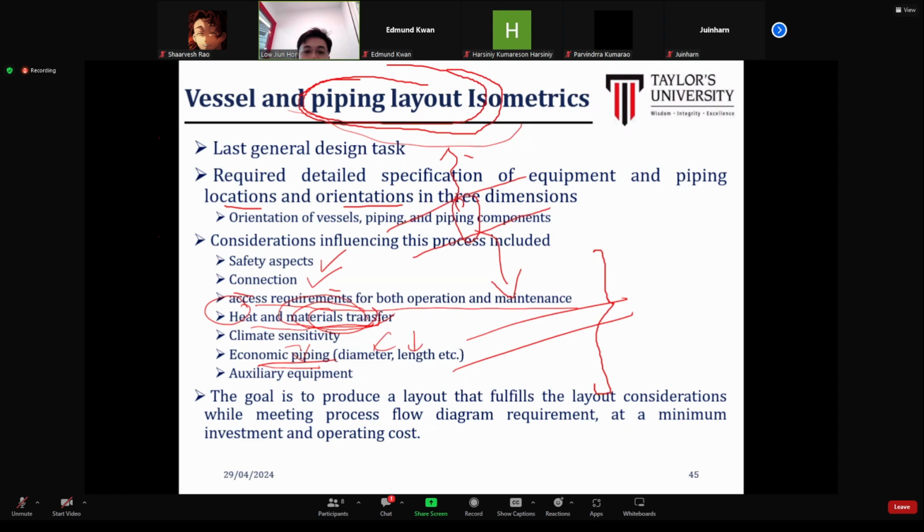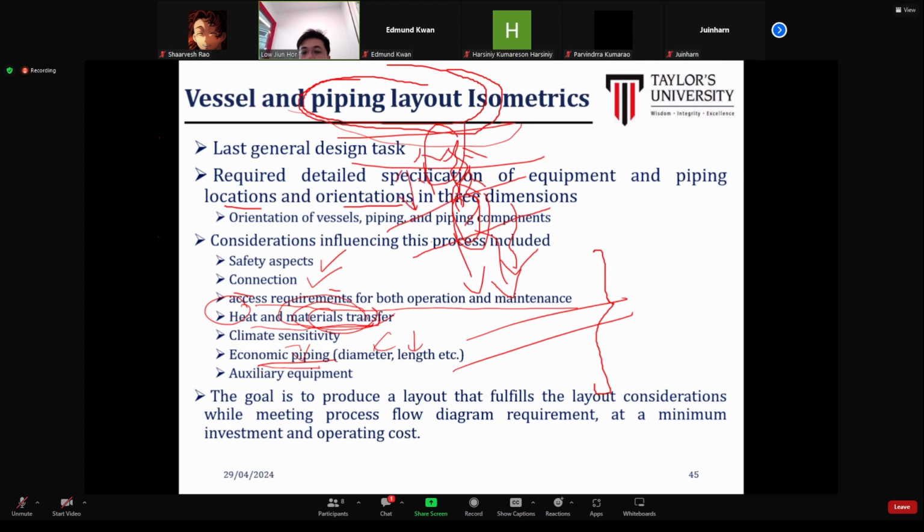Just now I said, because sometimes we may need to install a pipeline to transmit a process stream with high temperature, of course the heat energy will be released out from the pipeline. So in that case, we need to make sure the space among the pipelines is big enough so that the heat energy released won't disturb the temperature of other process streams.